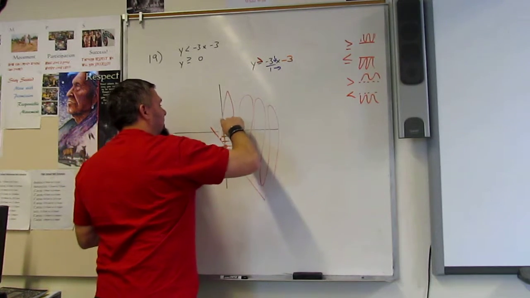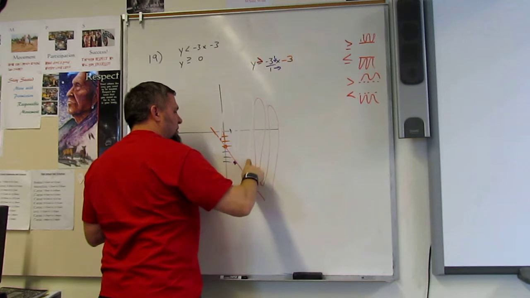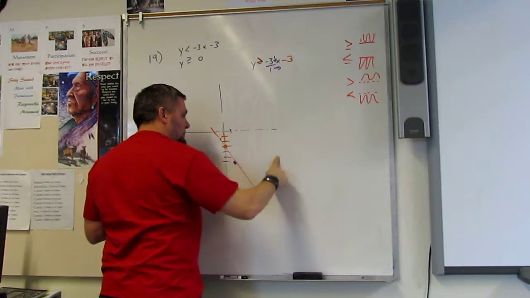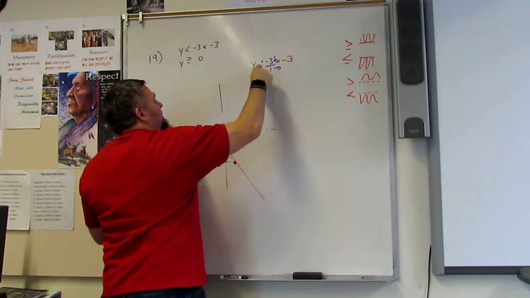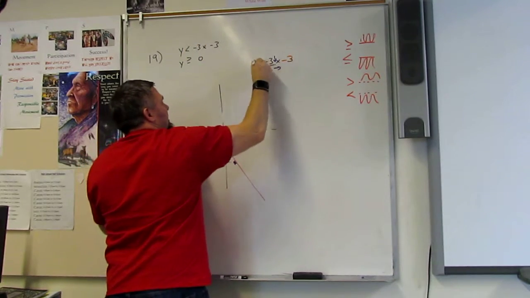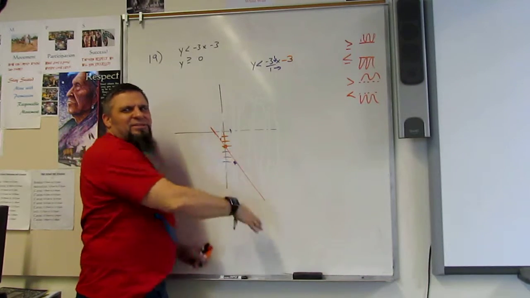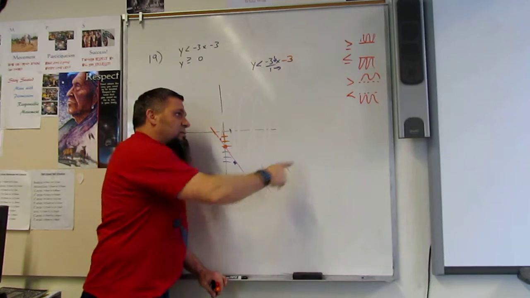So unfortunately, this is all wrong. Because this is telling me that I'm not equal to at all. That I'm less than. So I have this solid line. What do I do?